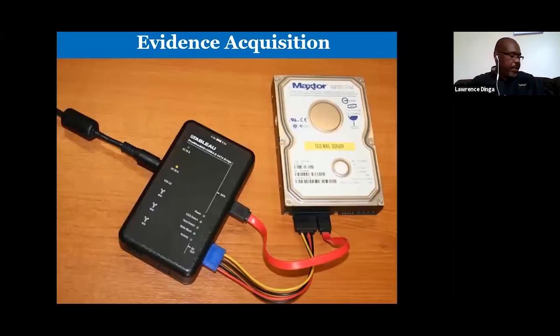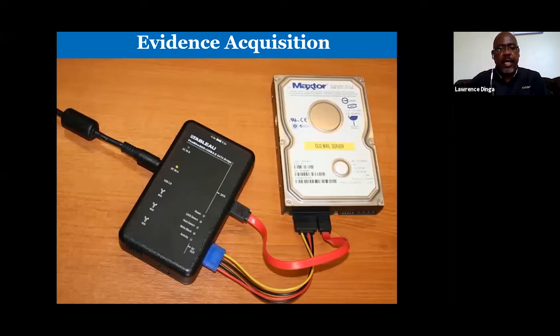Now that is the diagram that I put there. You can see we have the hard disk on the right, and then between the hard disk and the device that is doing the acquisition, there is this black thing which is called the write protector.